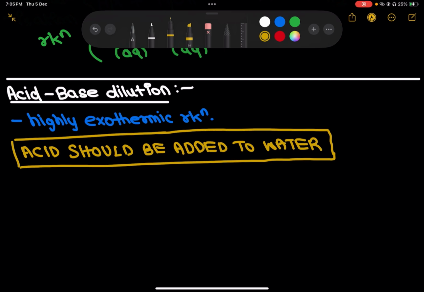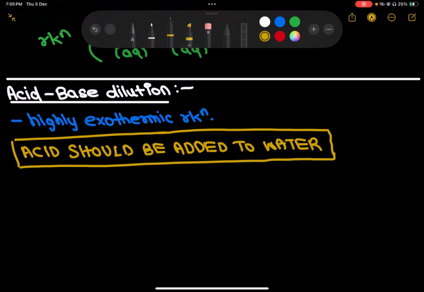You might have seen on concentrated acids or sodium hydroxide pellets that it is written harmful, do not touch, with warning signs. There is a reason for that: they are very harmful if they come in direct contact with human skin. So this can also come as a give-reason question, and this is the reason you should give.